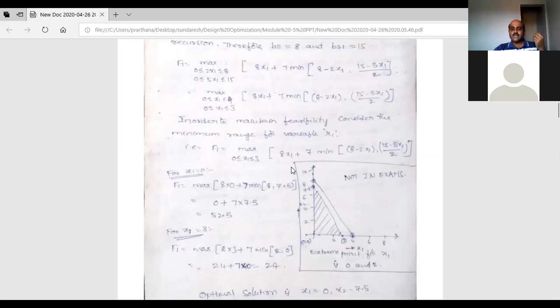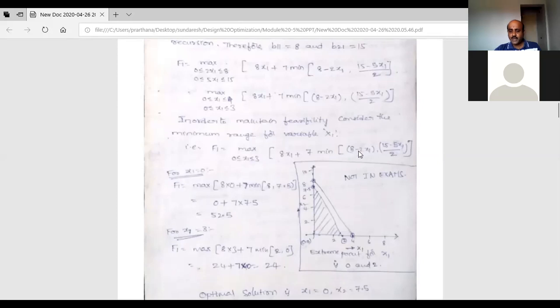So now what I do here is assign the value of x1 in this. x1 can be equal to 0 also. I am going to put x1 as 0 in this expression. If I put x1 as 0, in the first equation, f1 is equal to maximum of 8 into 0, because x1 is 0, plus 7 of minimum of 8 minus 2x1.